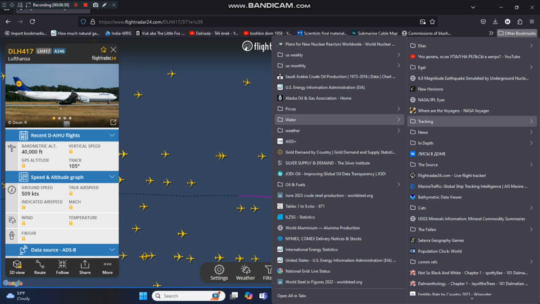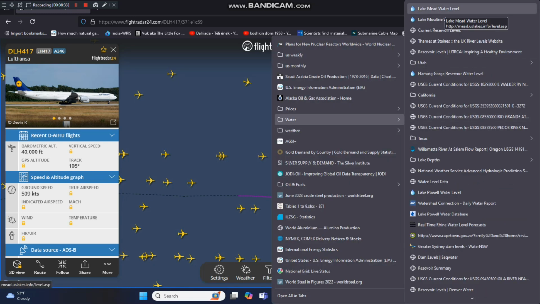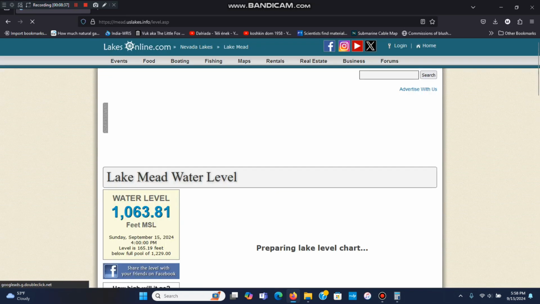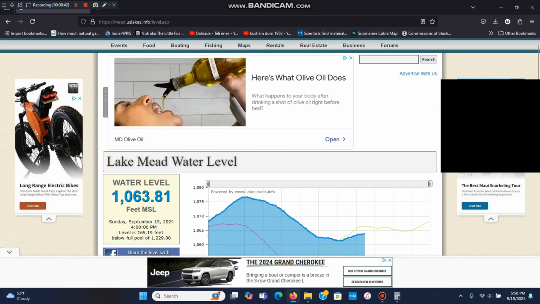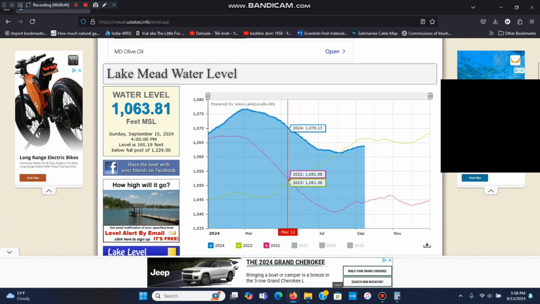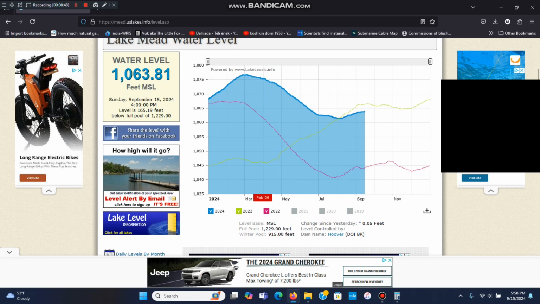And then for water stuff, for a lot of the US lakes water levels that update daily, Lakes Online, uslakes.info, is the site that I use most of the time since it's the most up to date and kind of the better presented one. So for example, you can see Lake Mead's water level, and keep in mind the water levels of reservoirs are measured in elevation feet, not depth of the lake, but how high the water surface is above sea level.